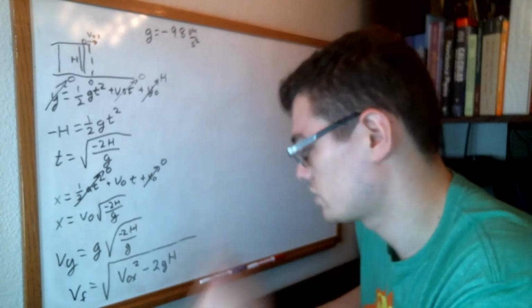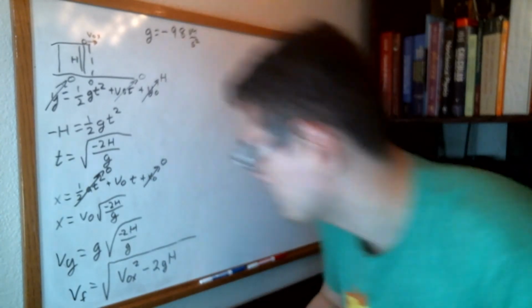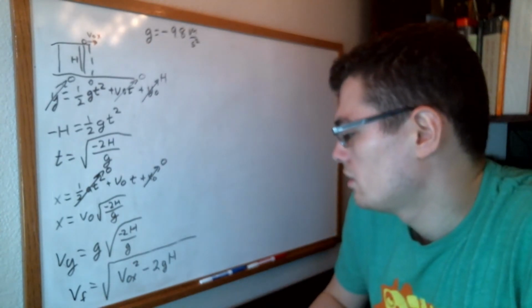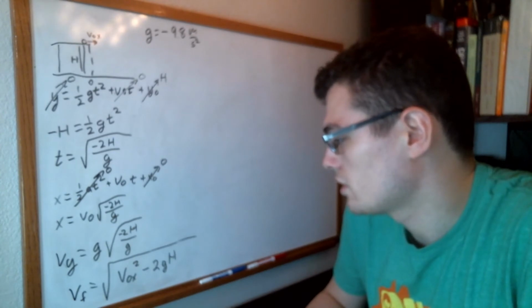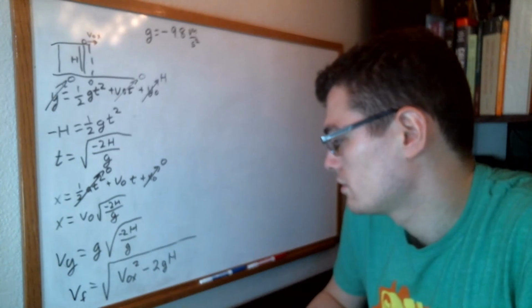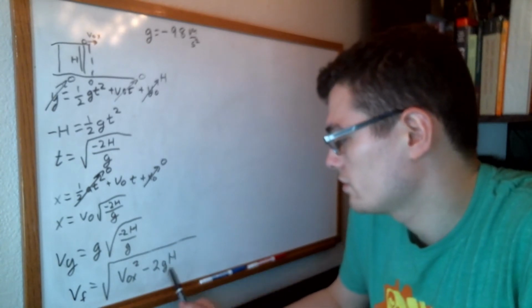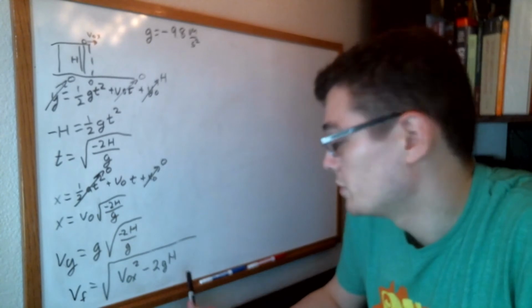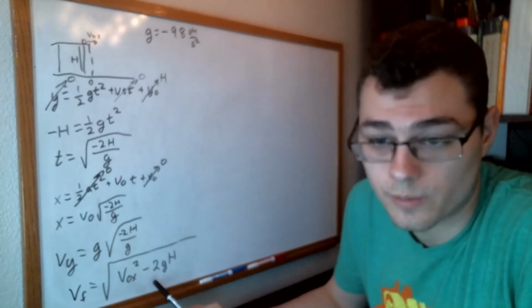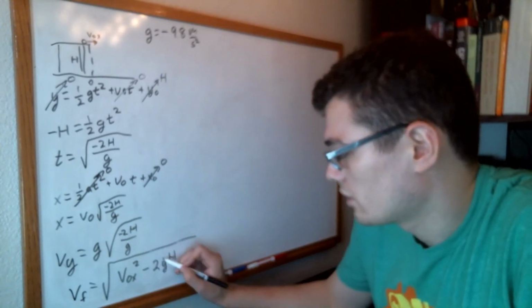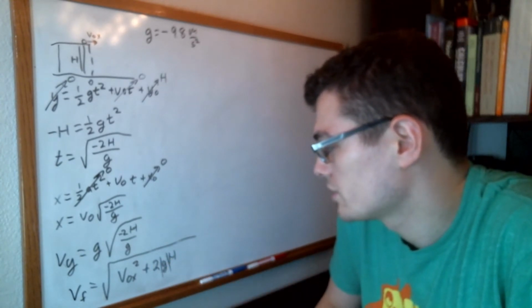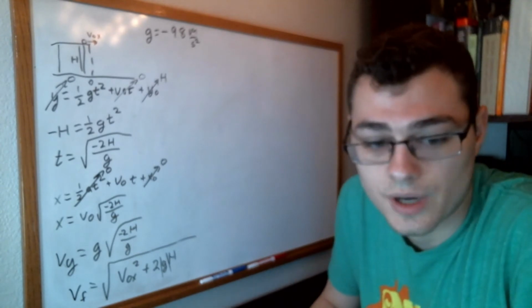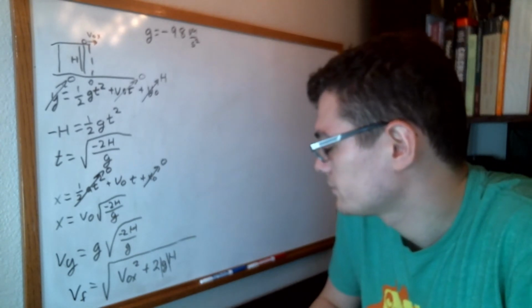Negative 2gh. Okay. And so this is going to give us our magnitude here. And also just remember, there is going to be a negative in here, so this answer is really going to be positive. So if we take the absolute value here, we just get plus, because it's going to cancel out anyway. And so there you have it.